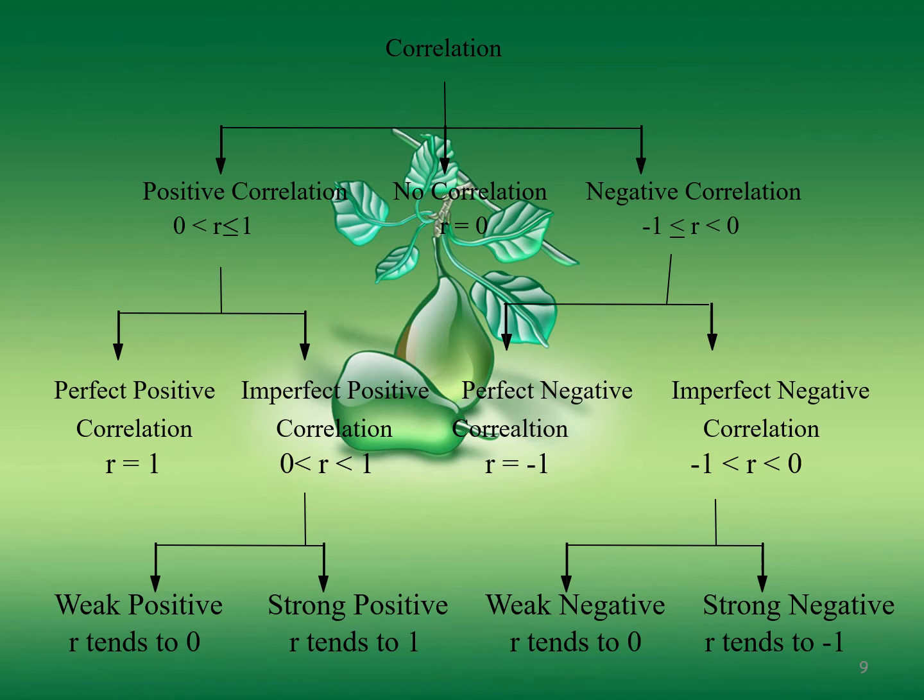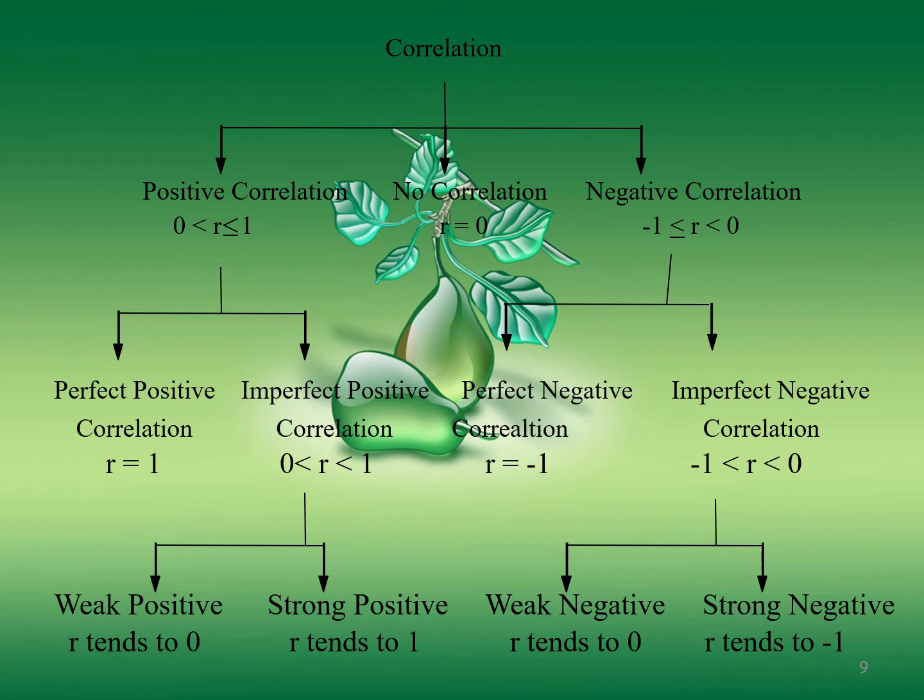If the correlation between the two variables is positive, the value of R lies between 0 and 1 inclusive of the value 1. Similarly, if the correlation is negative, the value of R lies between -1 and 0 inclusive of the value -1.